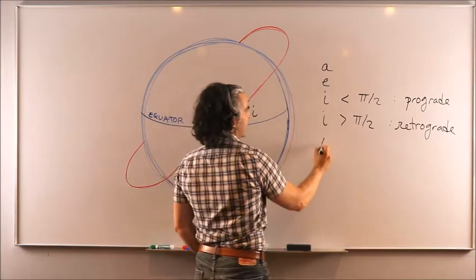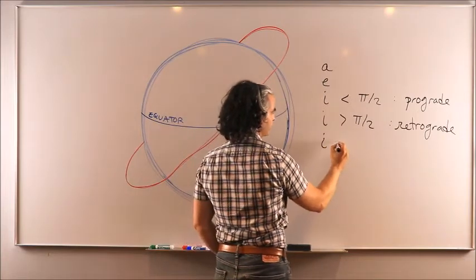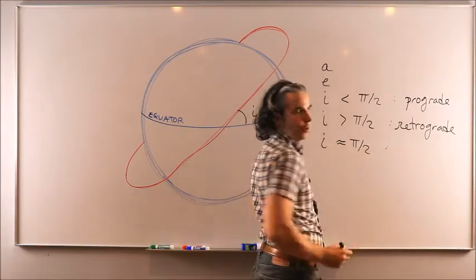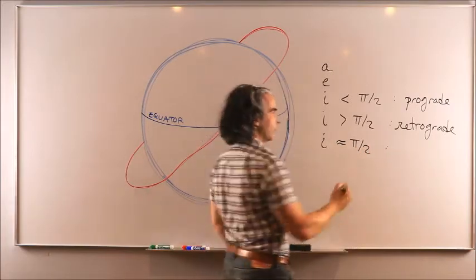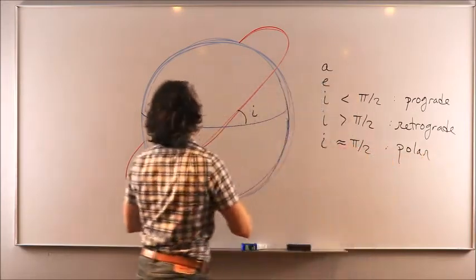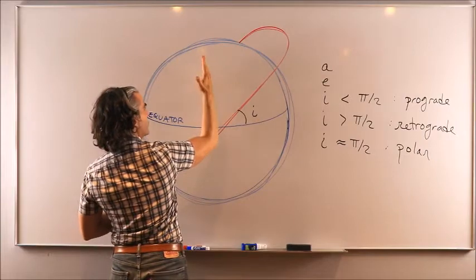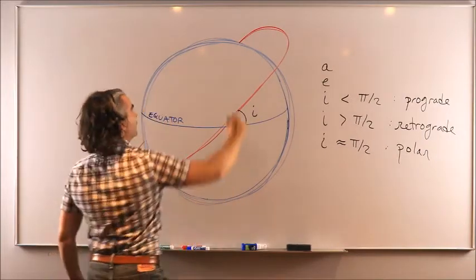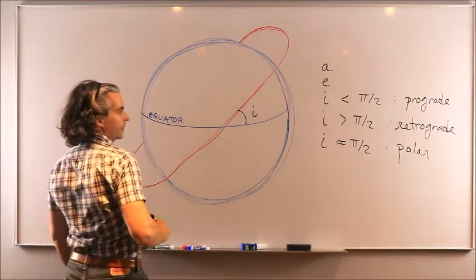If i is exactly equal to or close to pi over 2, then the orbit will be referred to as a polar orbit, because as you can see, this angle would get to 90 degrees, and then the orbit would go from the South Pole all the way to the North Pole and so on.